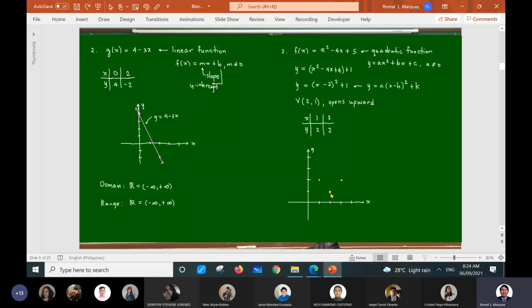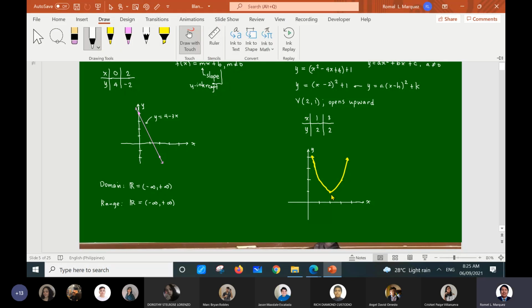It's not nice. I can't hit it well. So this is just an approximate graph, of course, children. That's the graph of that parabola.